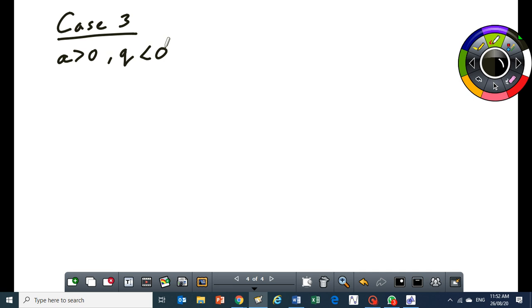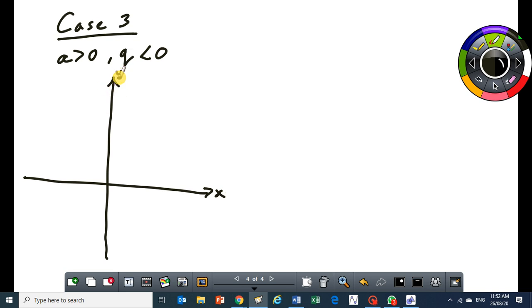Which means when you draw our two curves, they are going to be in the first quadrant and the third quadrant. So I'm going to have, first thing, since Q is now less than 0, I need to indicate where my Q is. My Q is now below the x-axis. So I can say this is where my Q is. Then I can draw an asymptote.